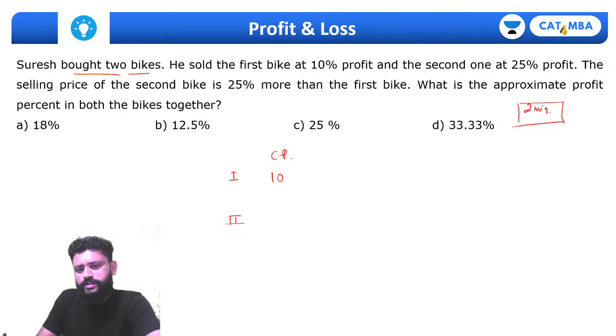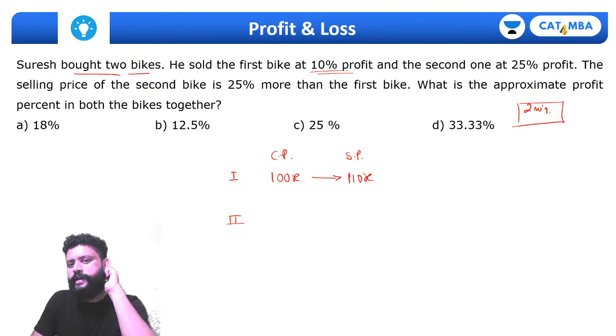So I'll assume first bike's cost is 100x. So surely selling price of the first bike must be, it is sold at 10% profit, that means selling price has to be 110x. Right? Okay.